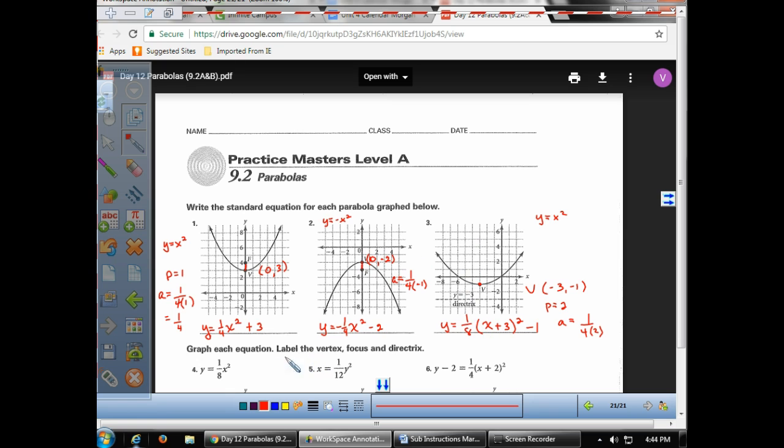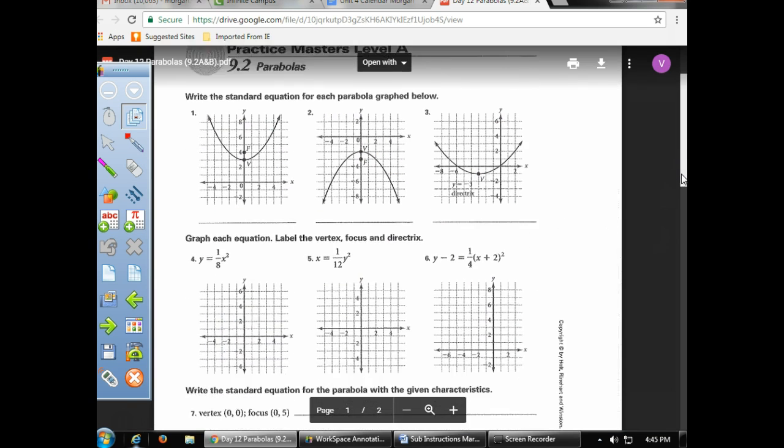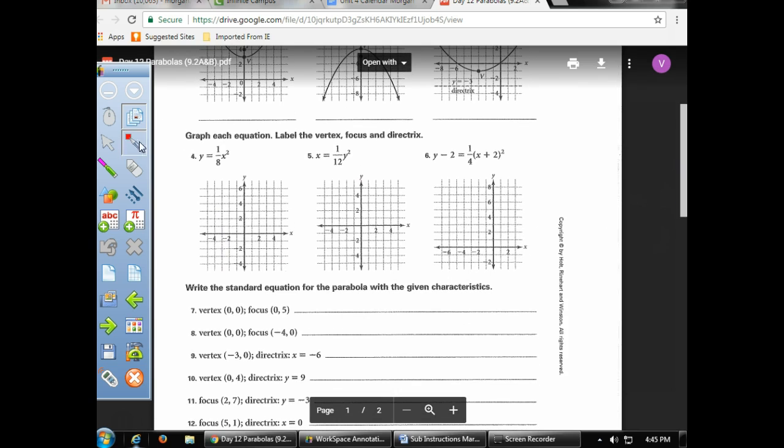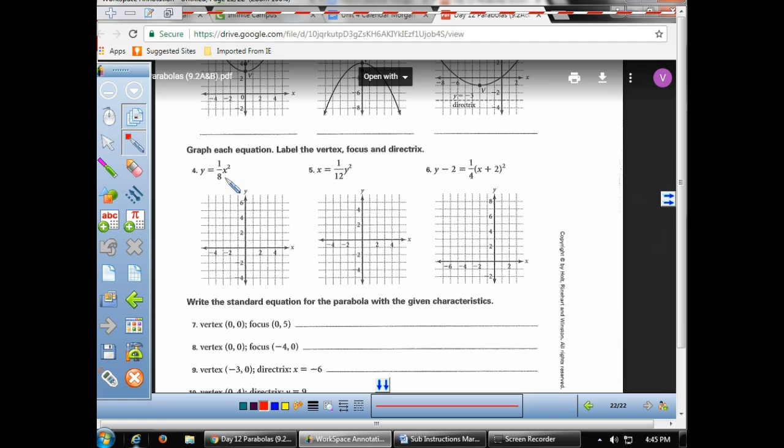So let's graph each of these equations, and label the vertex, focus, and directrix. So let's do these next few. So my center here is going to be at (0, 0). So I need to label that. And A is 1/8. So P is going to be 1 over 4A.